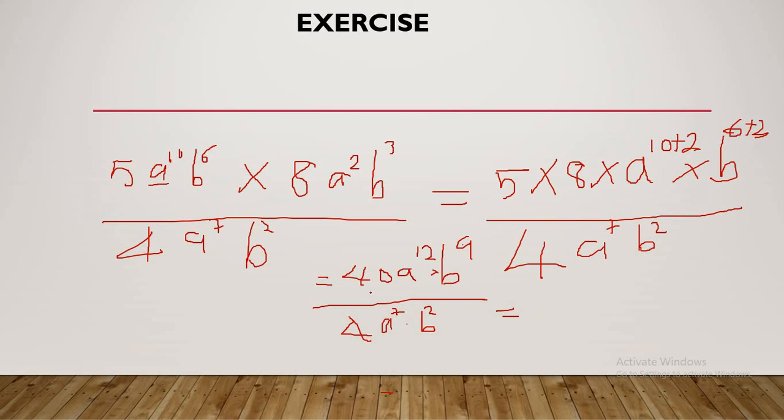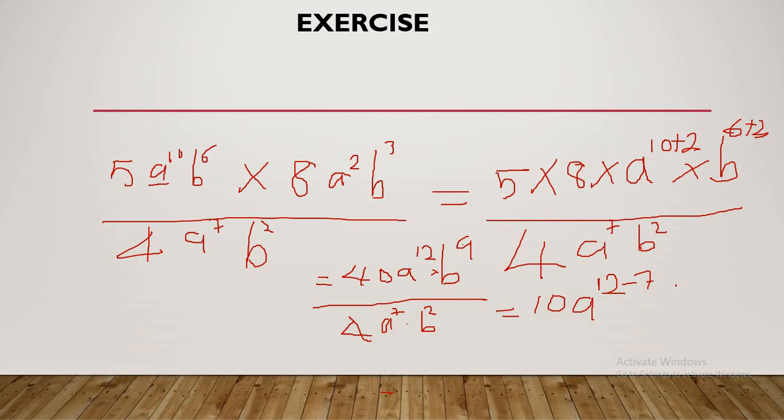If we do the cancellation here, we will have 10a to the power 12 minus 7, right? Why are we minusing 7? Because we have a 12 and the bases are equal, so we subtract the powers, right?